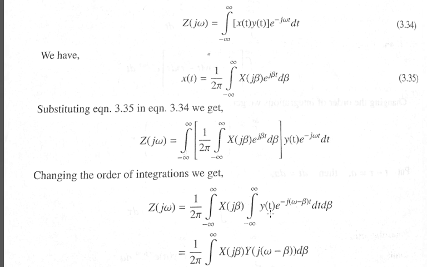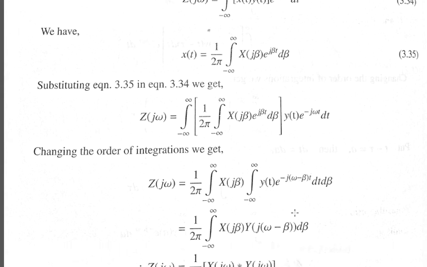So integration of y(t) e raised to, now by combining these two, minus j omega minus beta t, and the same can be written as Y(j omega minus beta), by the analysis equation.